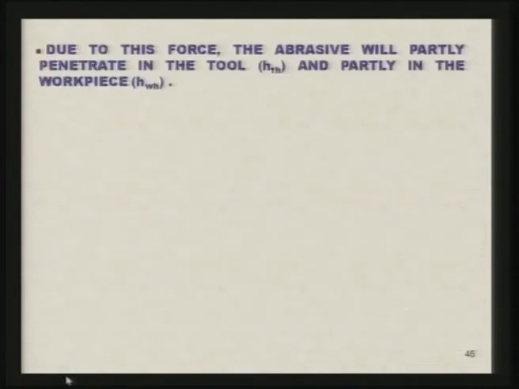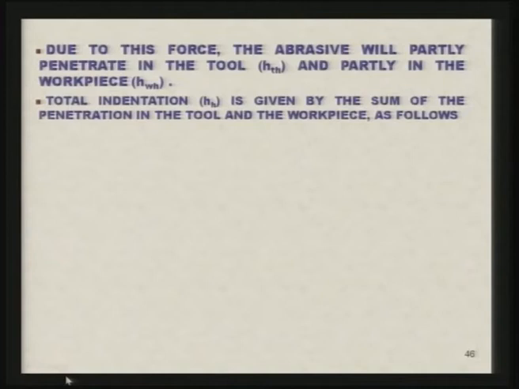Due to this force, the abrasive will partly penetrate in the tool and the depth of penetration is H suffix th, and partly in the workpiece, and it is expressed as H suffix wh, where w stands for workpiece, h for hammering model.